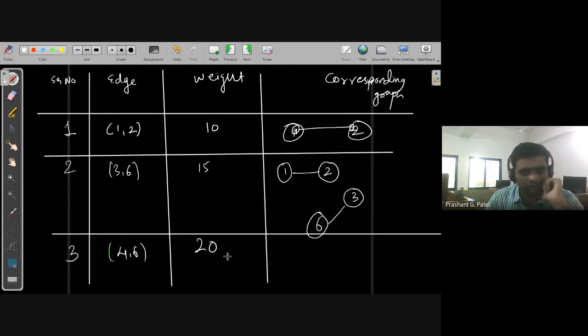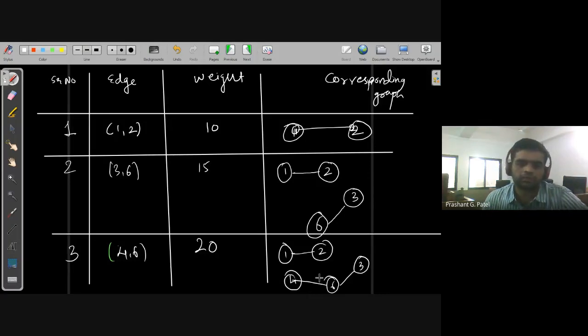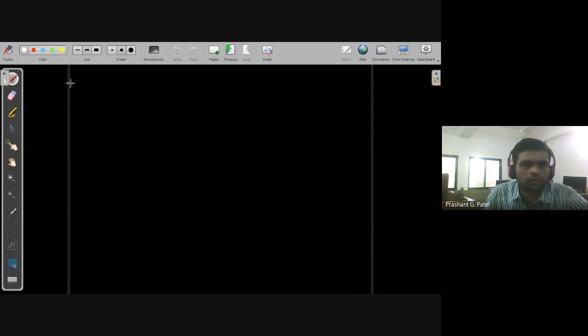It is 20, and the corresponding figure will be 1 to 2, 3 to 6 is already there. Another edge is added to the 6, that is 4, 6. This is the corresponding figure. Next, the fourth number.